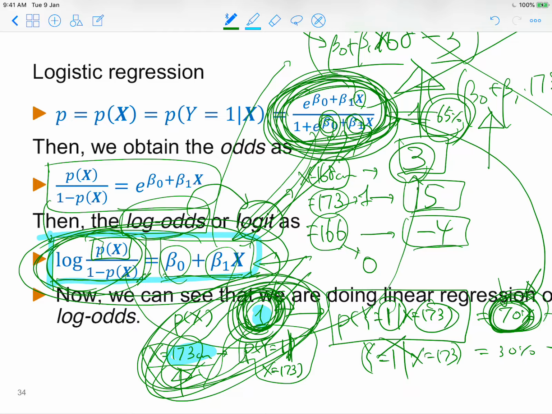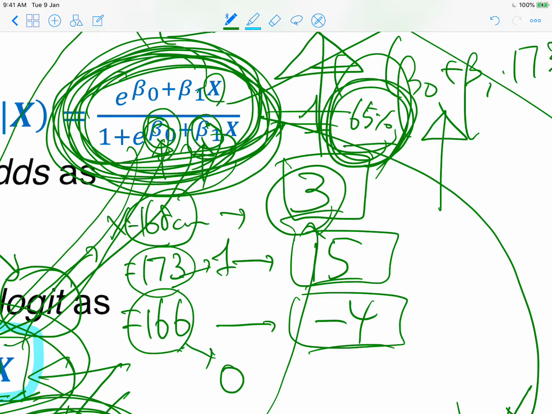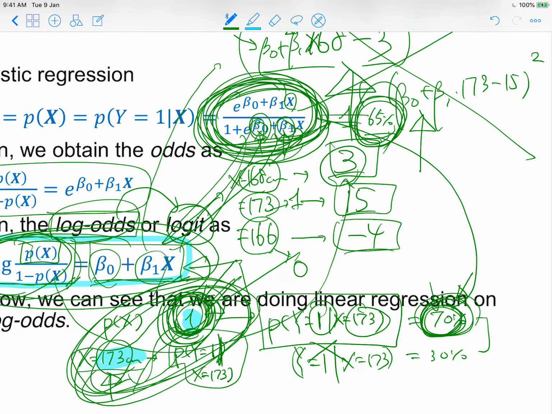So we maximize this probability, which is currently 65% from maybe some random initialization, or in the middle of our training process, and we will try to maximize it close to 1.